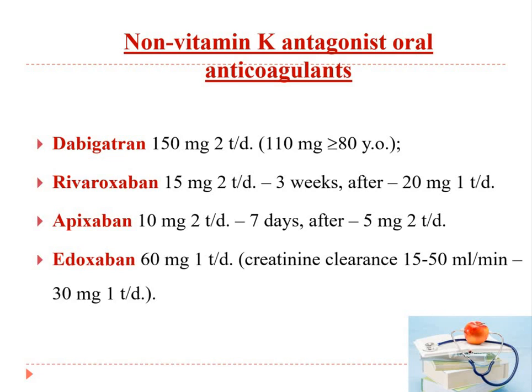After that, 20 mg 1 time per day. Apixaban 10 mg 2 times per day during 7 days, and after that 5 mg twice daily. Edoxaban 60 mg once daily. For patients with creatinine clearance from 15 to 50 ml per minute, 30 mg 1 time per day.